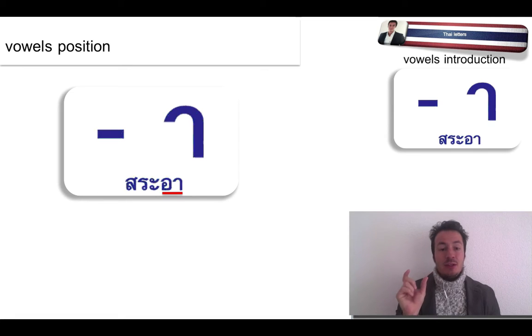If you replace the placeholder mark with this ang and attach the vowel to it, you end up with the syllable underlined in red right now. Does that make any sense?